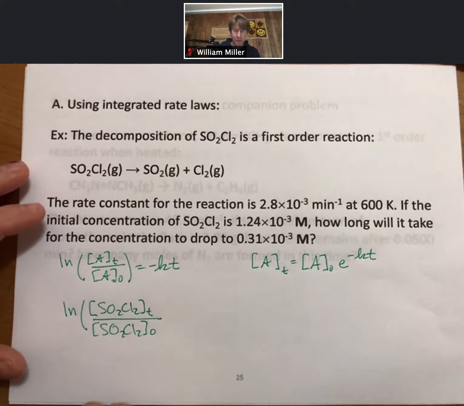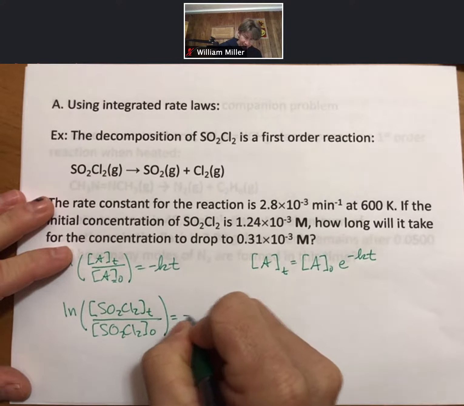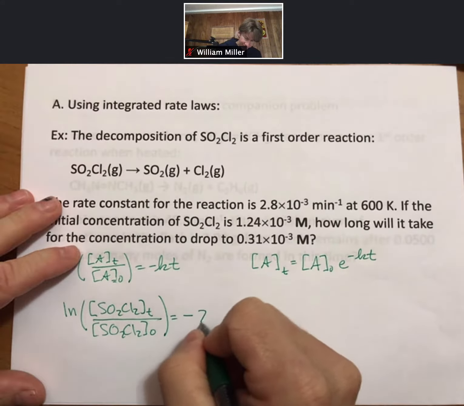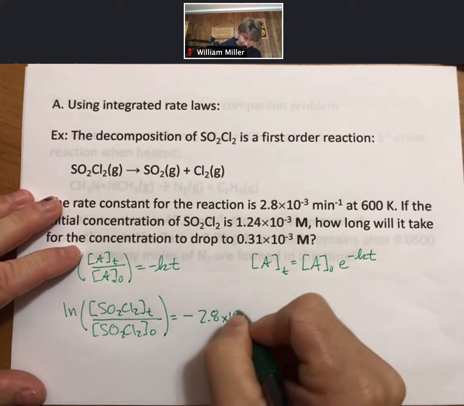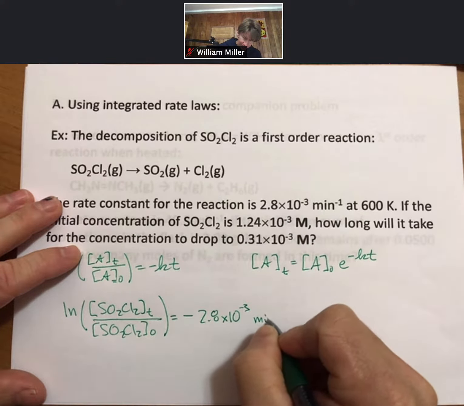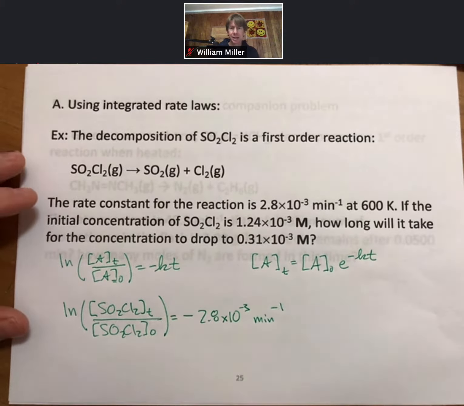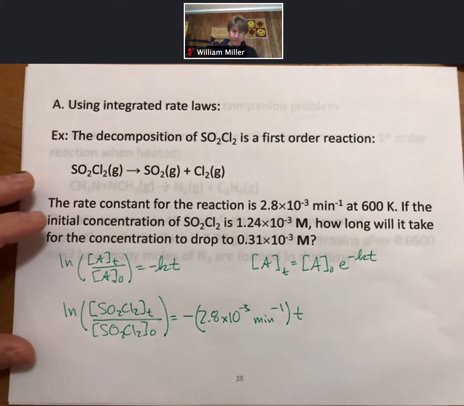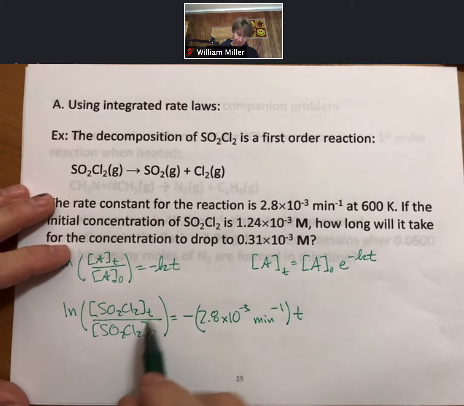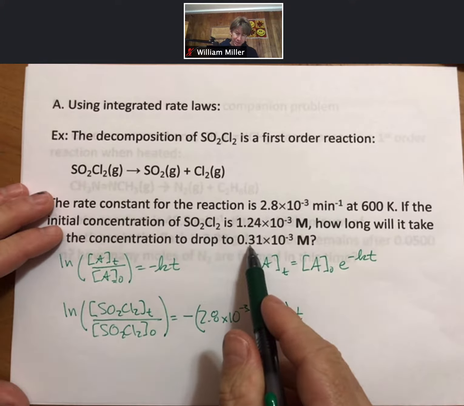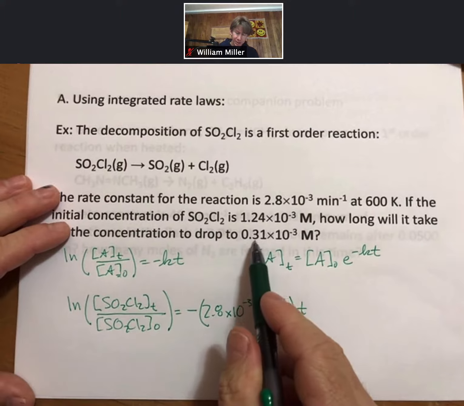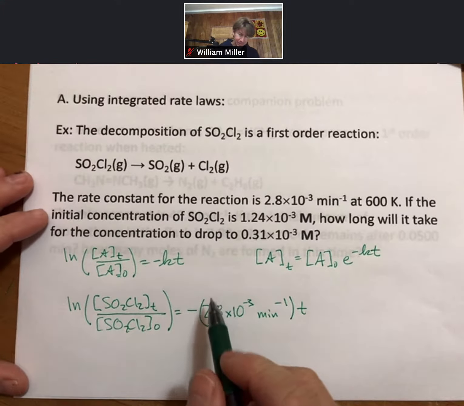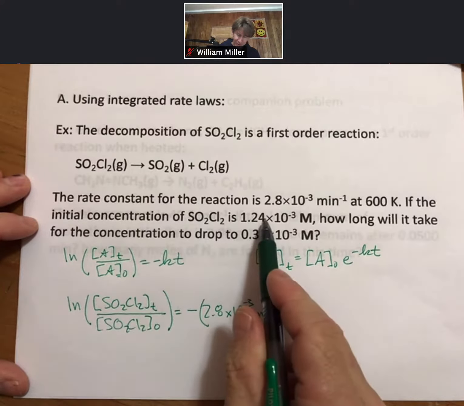at time equals 0 equals minus 2.8 times 10 to the minus third minutes to the minus 1 times t. And we'll then plug in our concentration values. Of course, the smaller number has to be the one that's at time t, and here's our initial concentration.